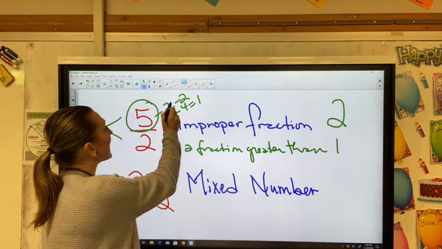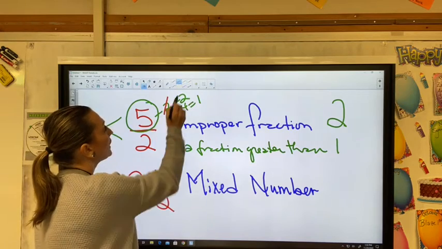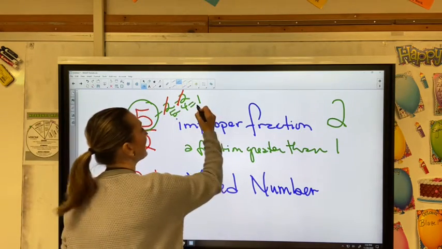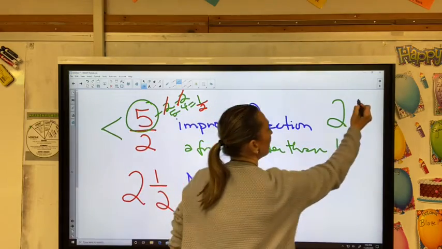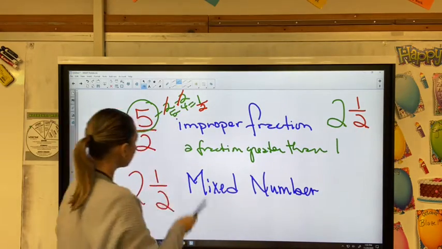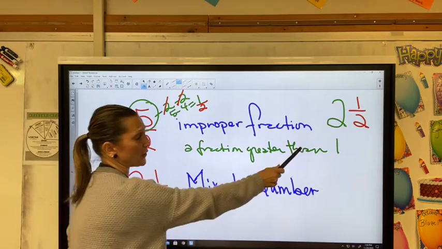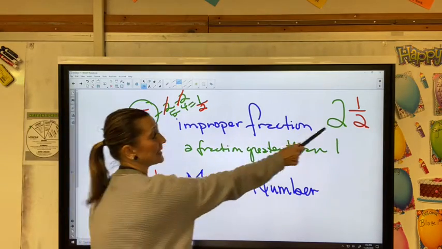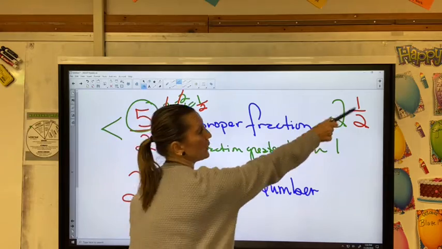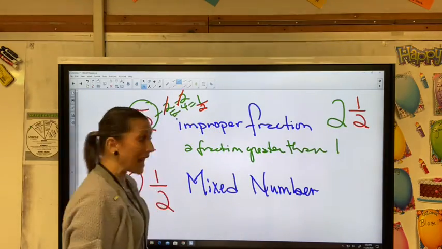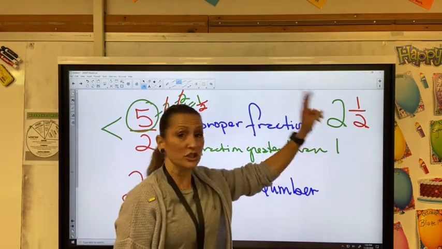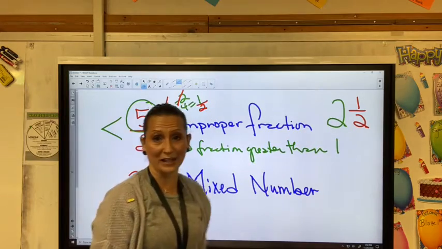So in this case, I have 1 whole, I have 2 wholes, and I have 1/2 of the next whole. So 5 over 2 is an improper fraction, which is a fraction greater than 1, and it really says that 5 over 2 is 2 1/2. That improper fraction turns into 2 wholes and half of the next whole.